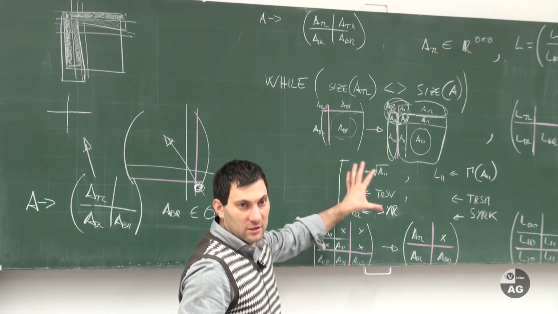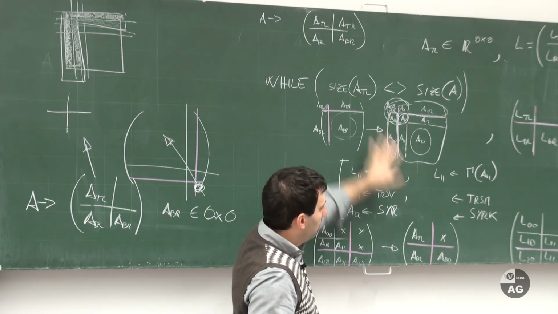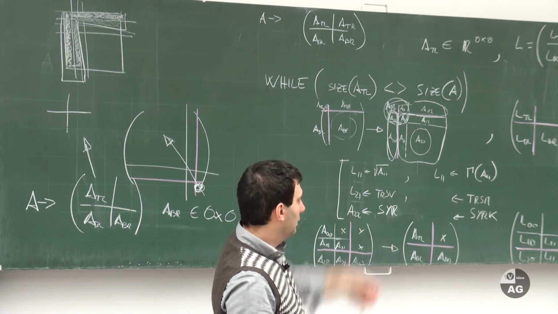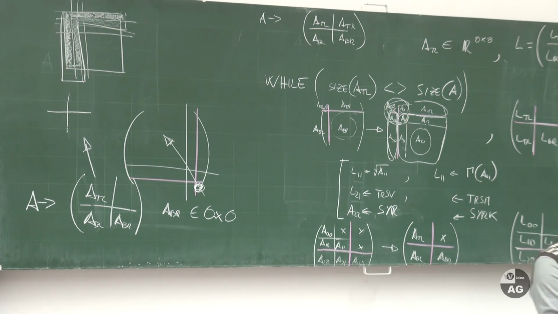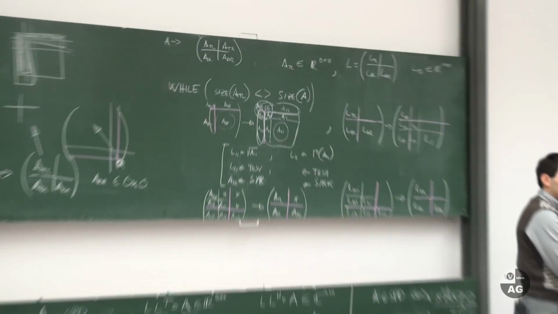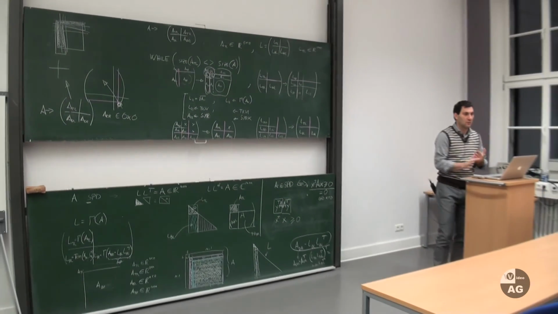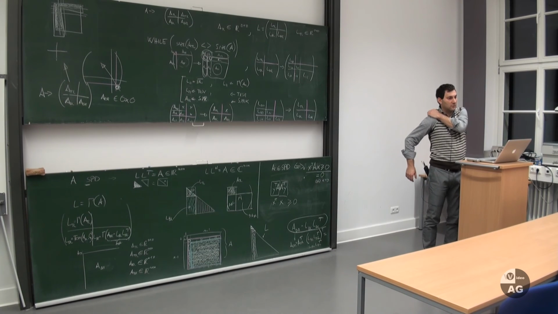And for the assignment, I will give you 2 algorithms for the Cholesky factorization written in this format, and it's up to you to code them up in MATLAB in the most elegant way. Questions? No questions?